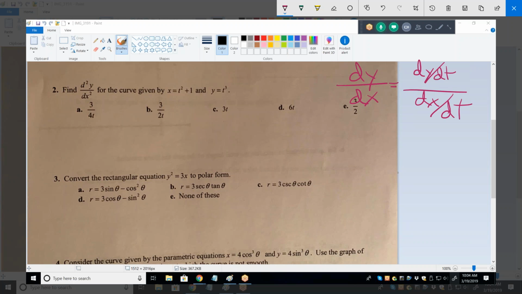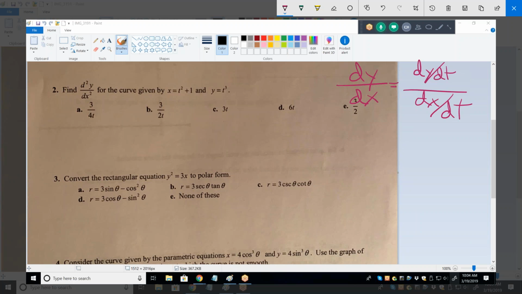If you treat differentials like fractions, which I've been told for 40 years not to do, and yet they always seem to be treatable like fractions. In other words, all I did was divide top and bottom by dt. But that is a true statement when you're trying to find the derivative.